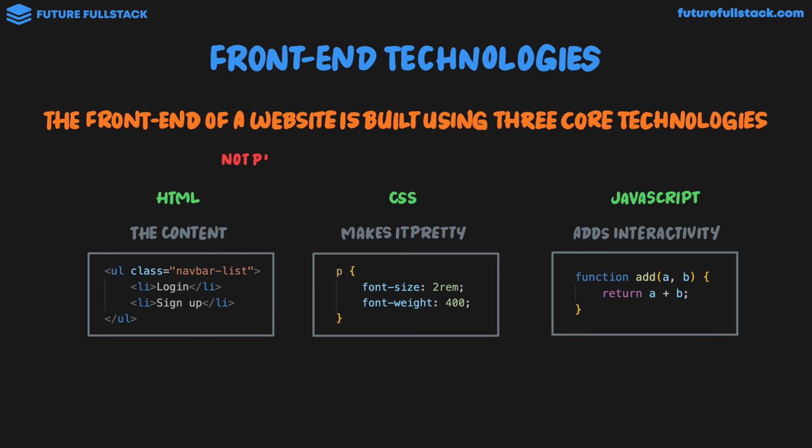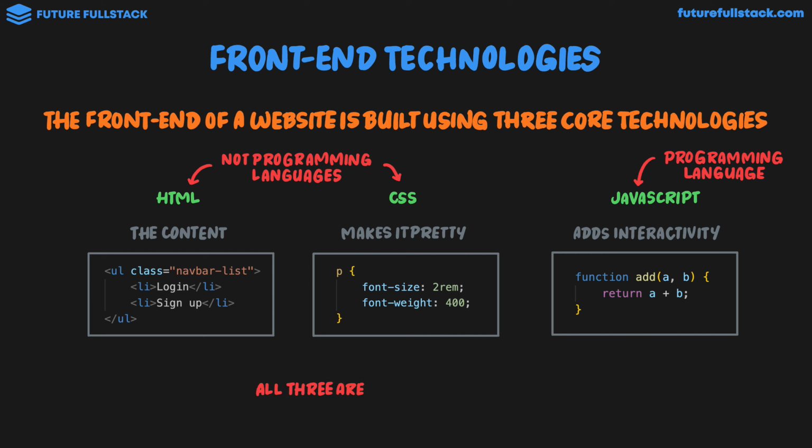HTML and CSS are not programming languages. They cannot perform logical operations. On the other hand, JavaScript is a programming language. It can perform logical operations. All three of these are used on most web pages. I say most as it is technically possible just to have an HTML website.